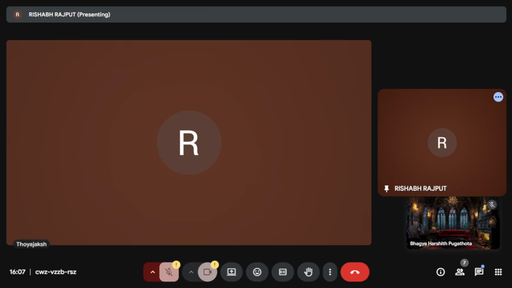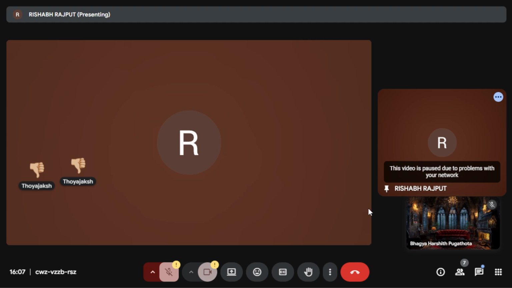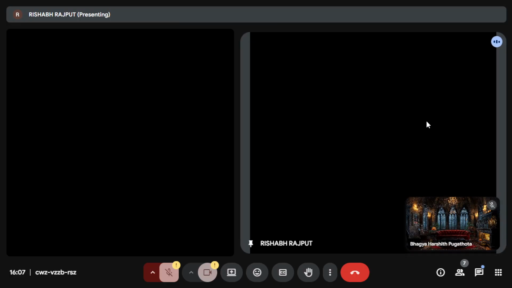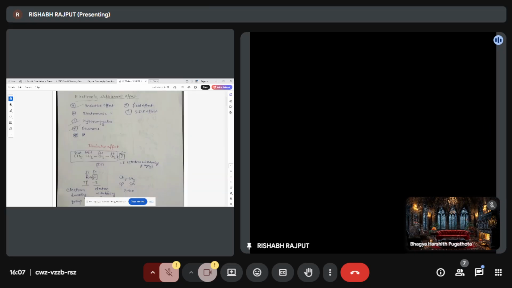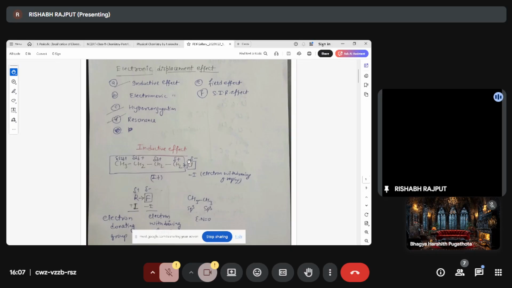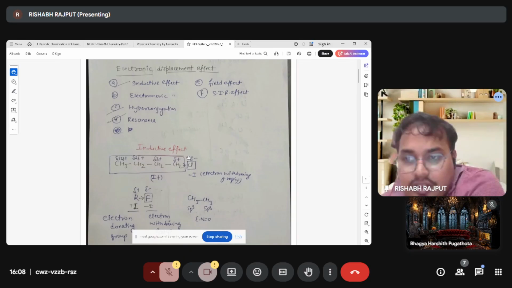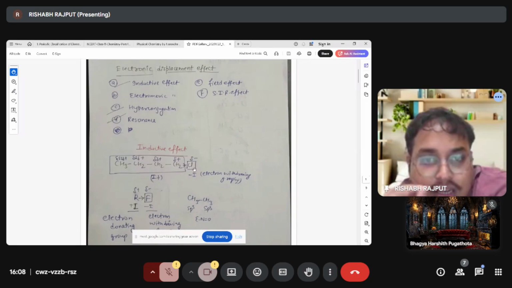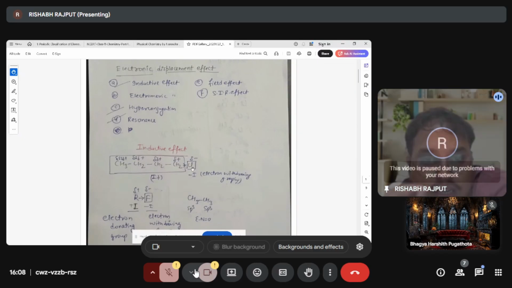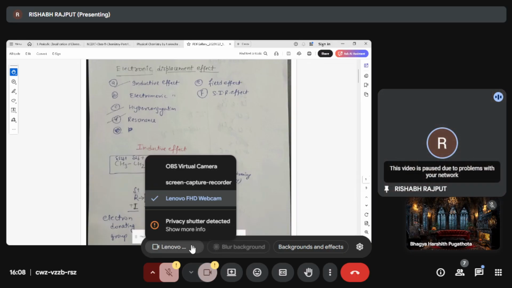I'm writing one example here. Elements like chlorine are very close to groups 16 and 17. They have a very high tendency for electronegativity, meaning they will attract the bond pair to themselves. If you see here, carbon is there and chlorine is there, so chlorine has more electronegativity. It means chlorine will attract the electrons much more towards itself.